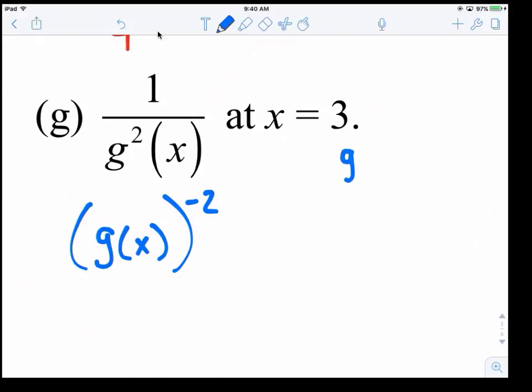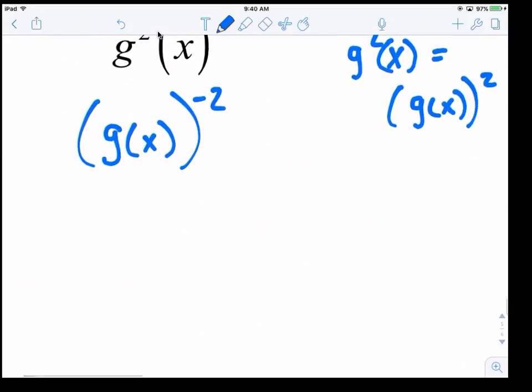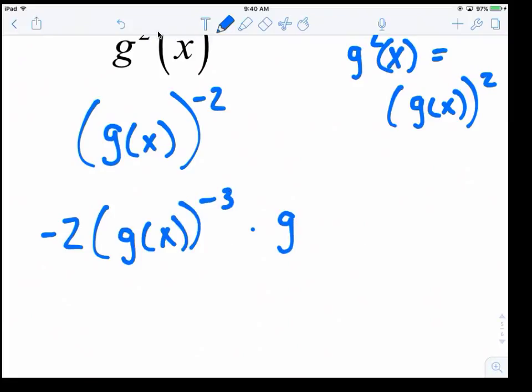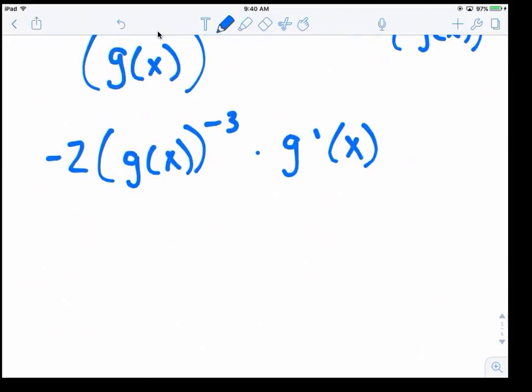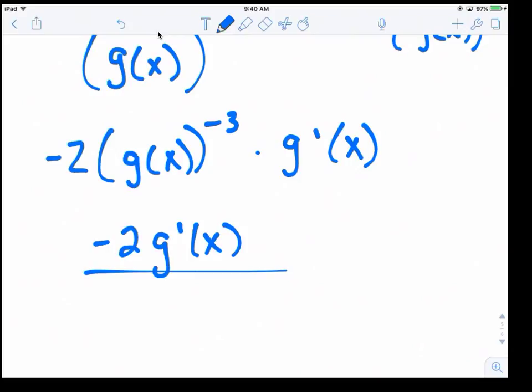So g squared of x is the same thing as g of x squared. They are equivalent. So the derivative now would be -2 times g of x to the -3 times g prime of x. So what would that give me? That would give me -2 g prime of x over g of x cubed.